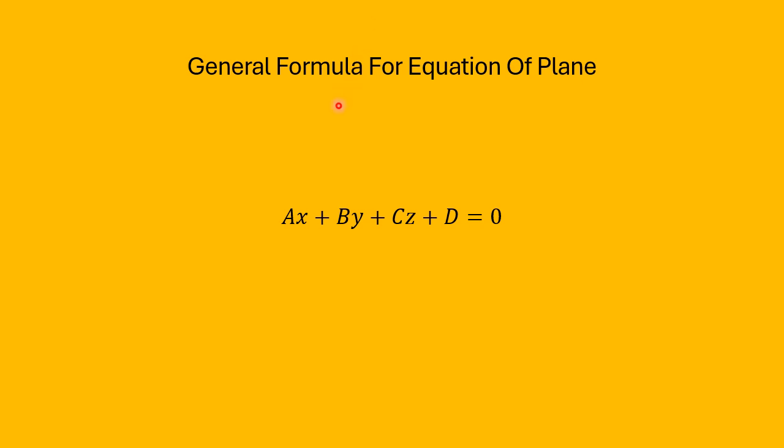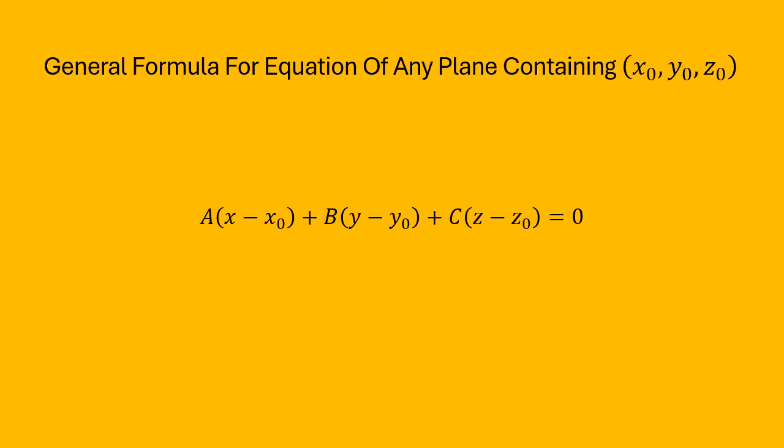We can write the general form of any plane in 3 dimensions as a constant a times x plus b times y plus c times z plus d equals 0. So if you see any equation that fits this form, we should very quickly recognize it as being a plane.